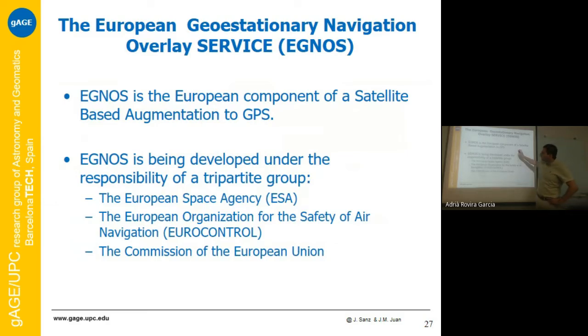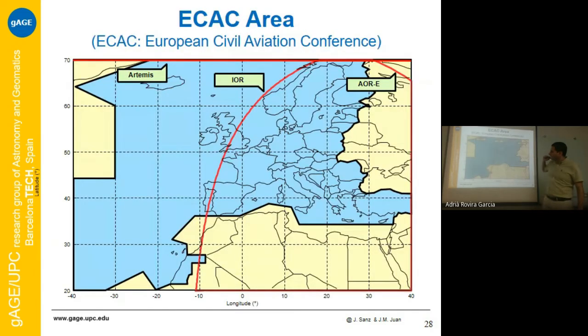So you can see the main contributors to EGNOS, who makes what, and we will see a map with the area in which EGNOS is operating. And this is the European Civil Aviation Conference area, that more or less follows the European territories. Although in the previous talk, we saw specifically which are the territories that we are covering.